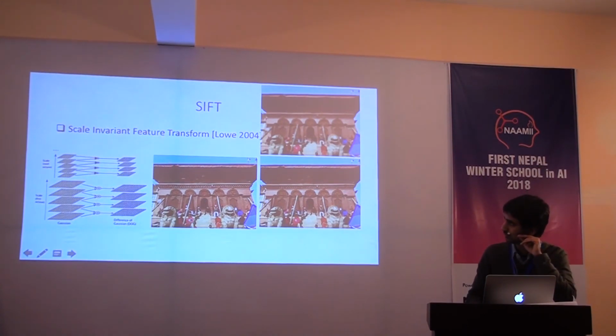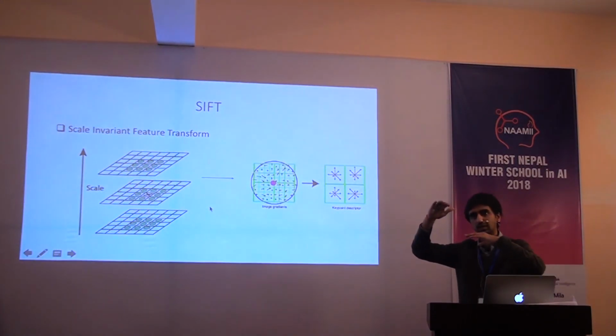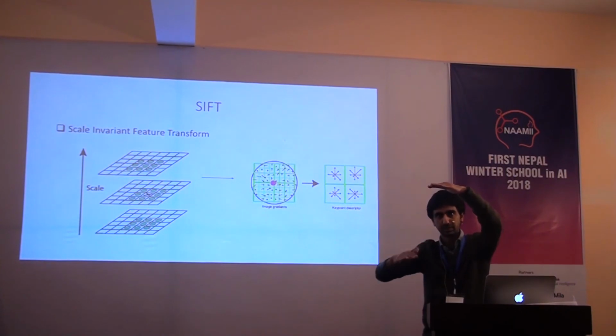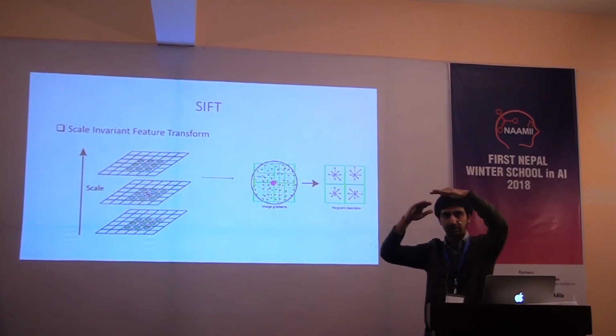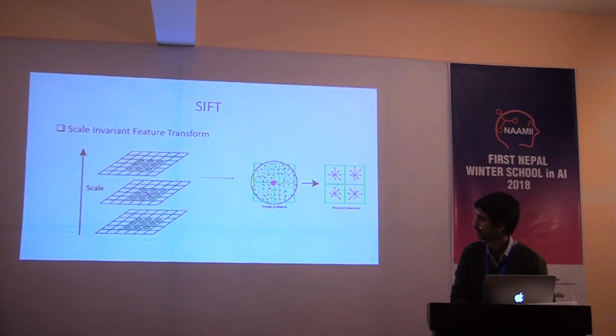And then at each point, you have different scales of these Gaussians stacked one after another. So you take a patch in the image. So this is one of the Gaussians now, and these are the neighboring Gaussian scales.